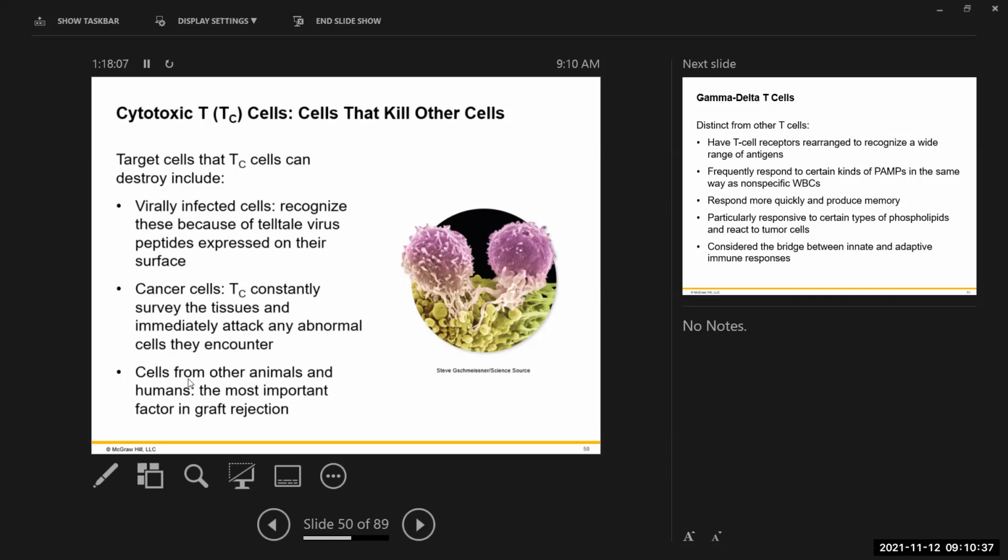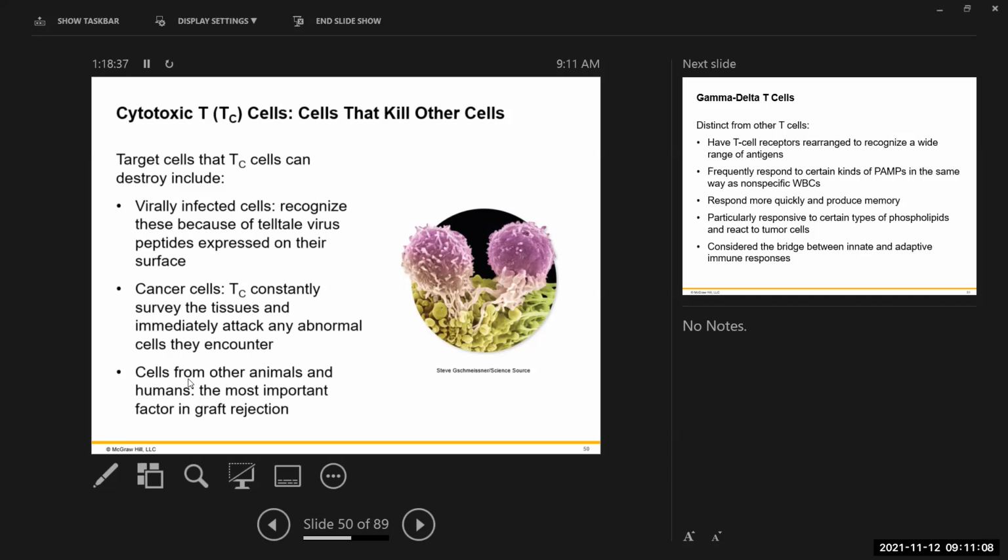These actually come from things that are made inside the cell. That's why class 1 MHCs will typically present viral antigens, because the virus, remember, co-opts the cell machinery to make its own stuff. That then gets sent to the surface, and that essentially will activate the cytotoxic T cell.